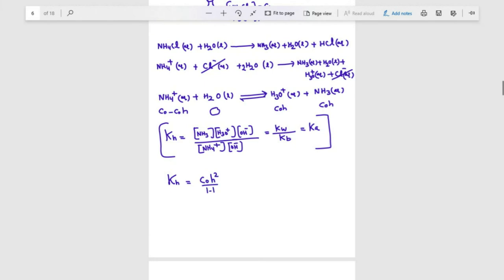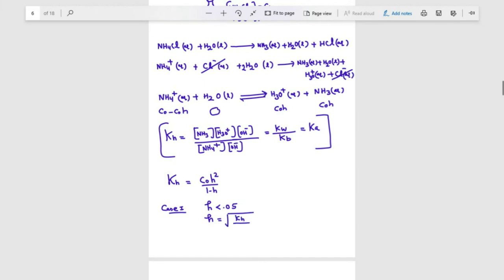Again, there will be 3 cases while solving this. Case 1, when the value of h is less than 0.05, then 1 minus h is equal to 1. So we can write that h is equal to under root KH upon C naught.